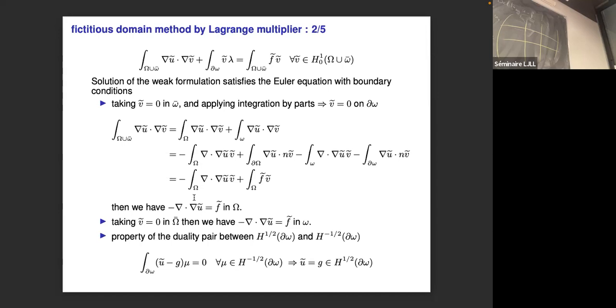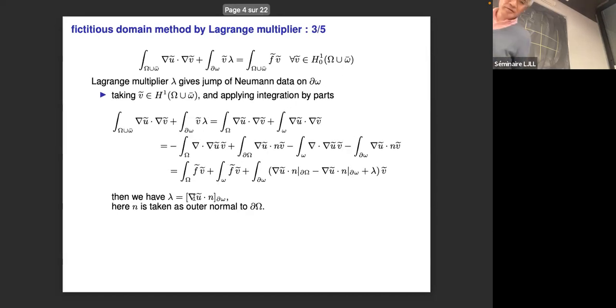Because this is theoretical here, mu belongs to H to the minus half, and then we can use the trace. In the same way, I can understand what lambda is, if I apply the integration by parts to this formula.